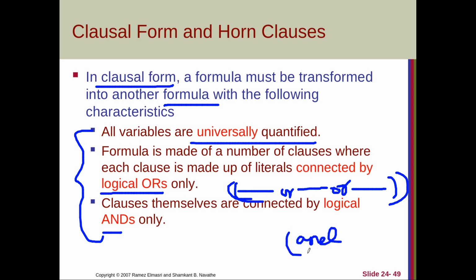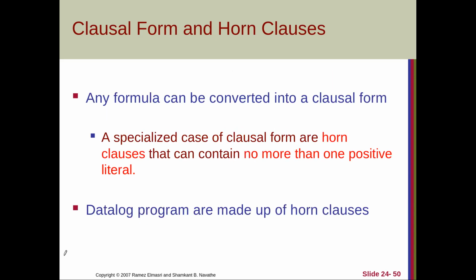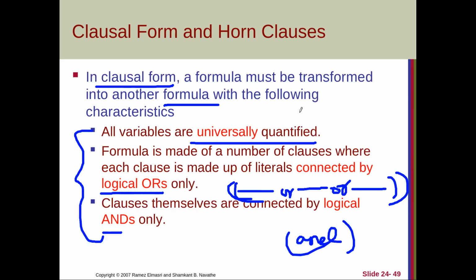We are not studying this in detail, just study these characteristics of how we can convert a normal formula into clausal form. Any formula can be converted into clausal form by following the above conditions.